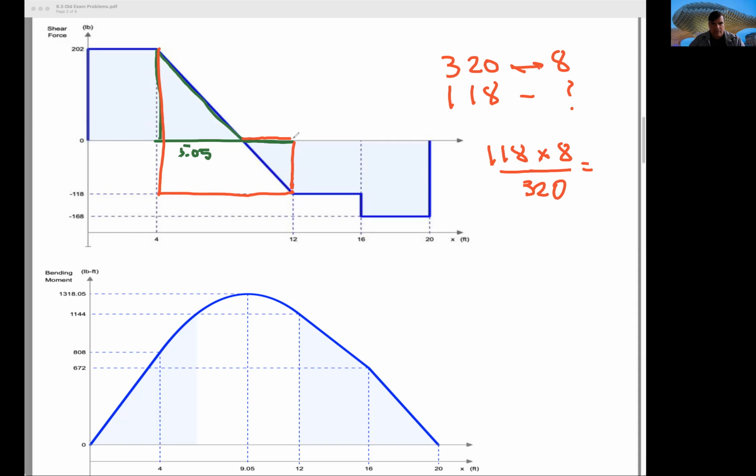Therefore, 2.95, that is this distance, plus 5.05, that is this distance, will be equal to 8.